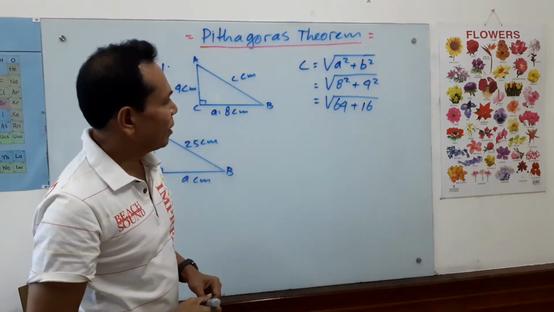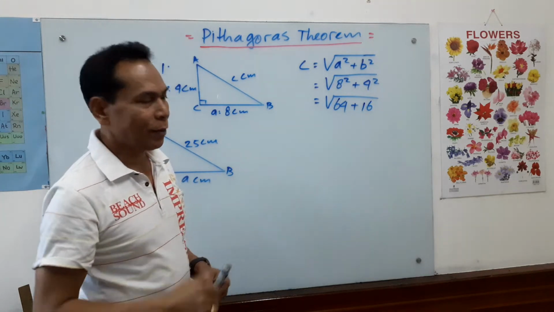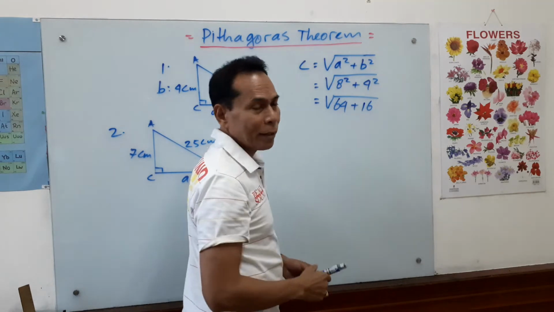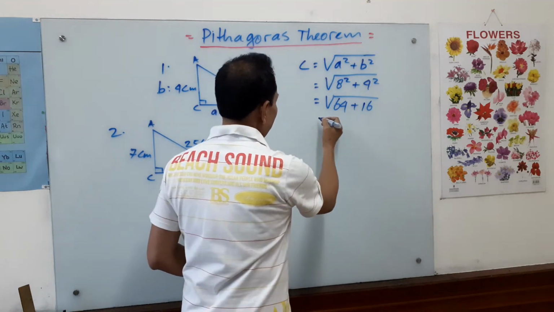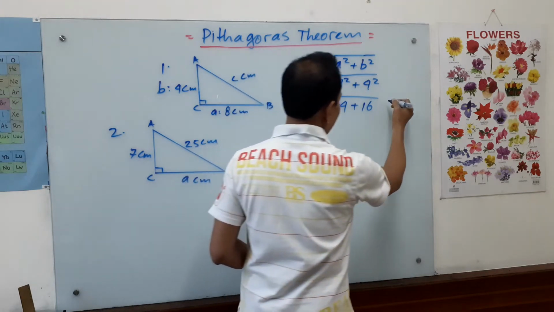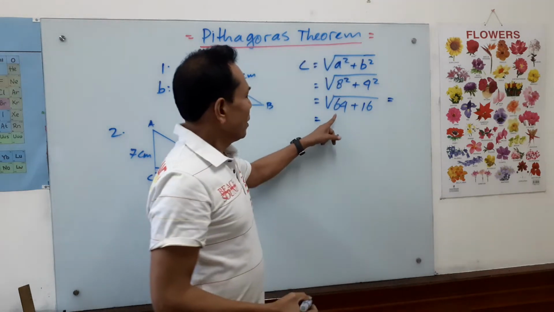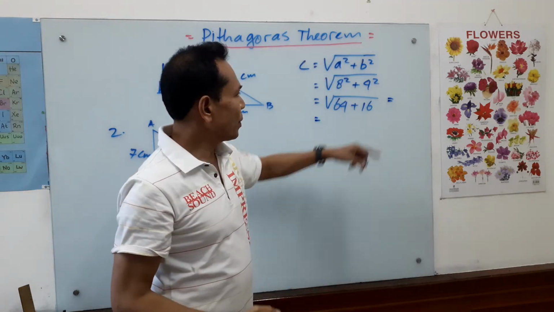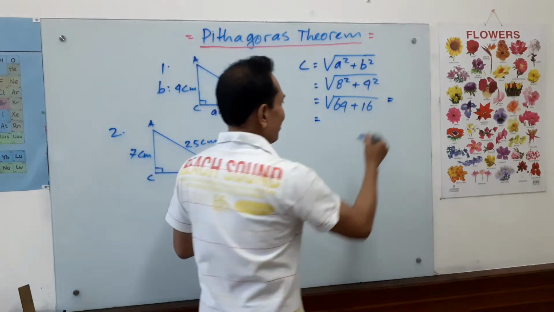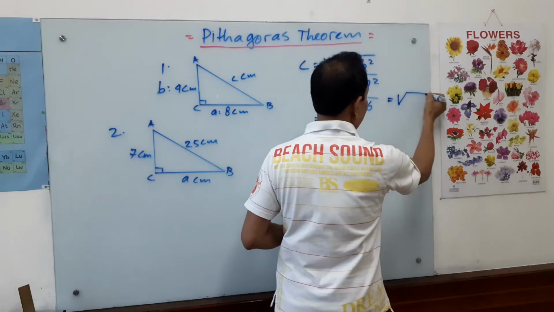So we have 64 plus 16, and we put the square root here again.